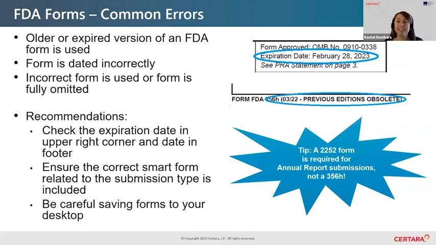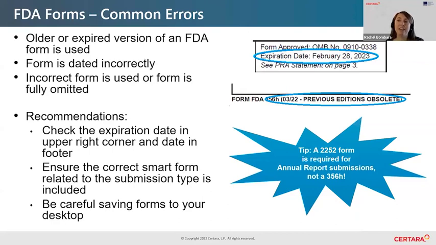So it can be a time saver, but when it's saved locally, it's possible to miss when FDA releases a new form in an updated version. So I highly recommend checking FDA's website for the latest to make sure you're using the most recent up-to-date version of these forms, or at least check it regularly to make sure you don't miss an update.